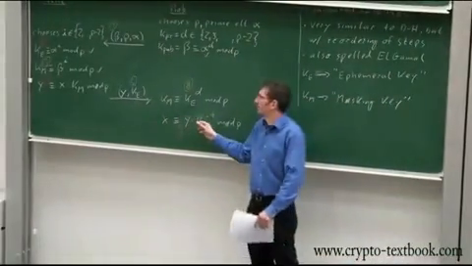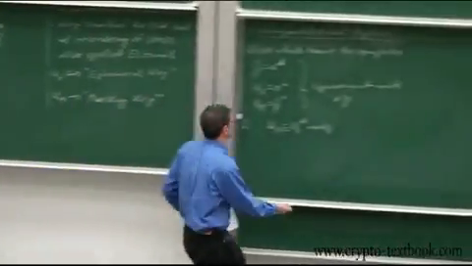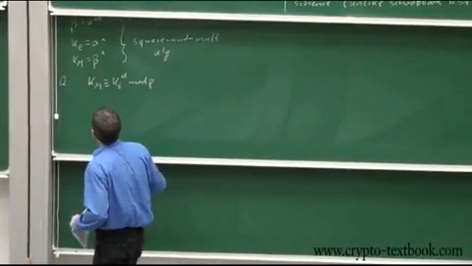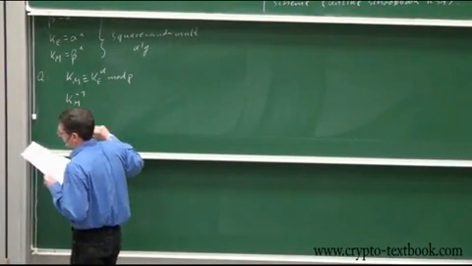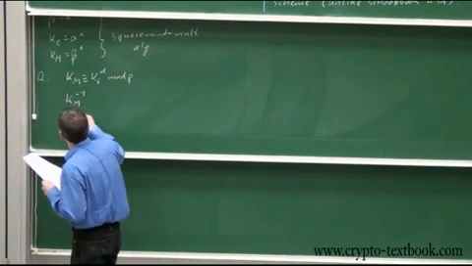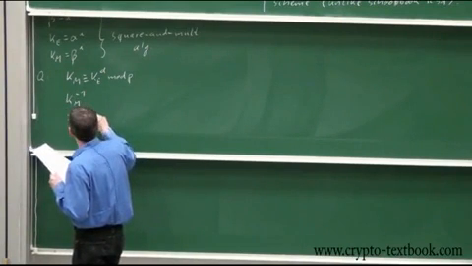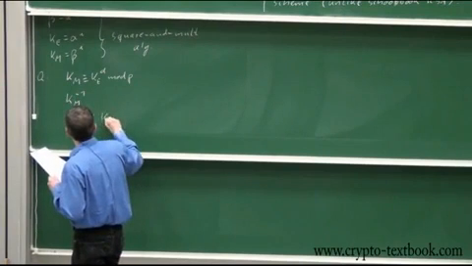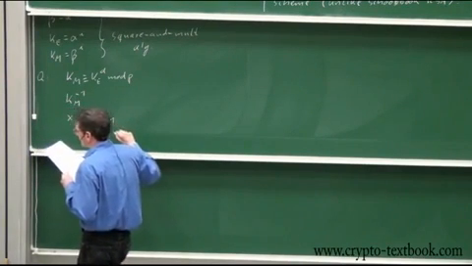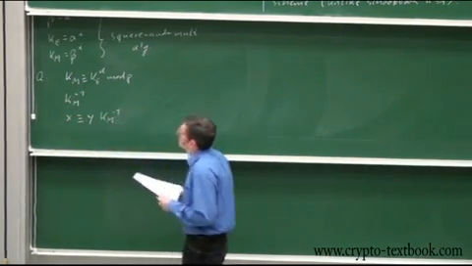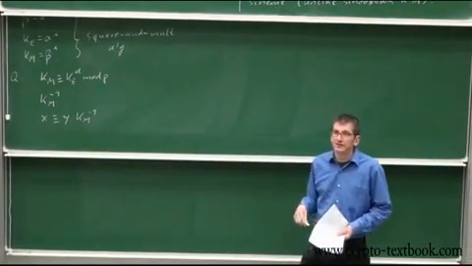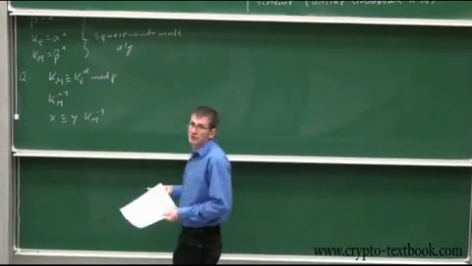We compute Km, and then we need the inverse, right? And then thirdly, we compute the rest. A naive assumption would be the following.